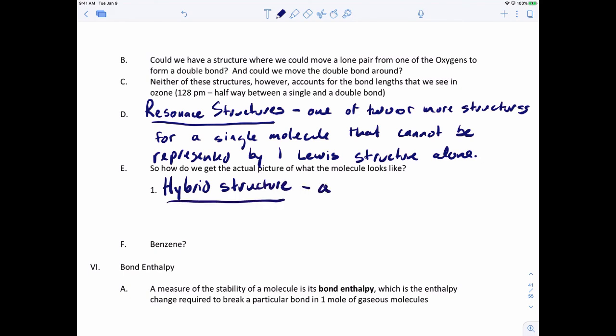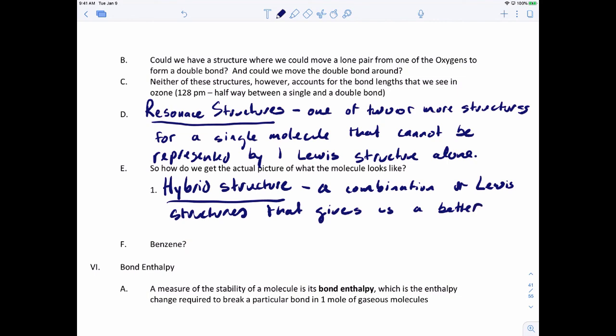This is going to be a combination of Lewis structures that gives us a better indication of what the molecule looks like in nature.